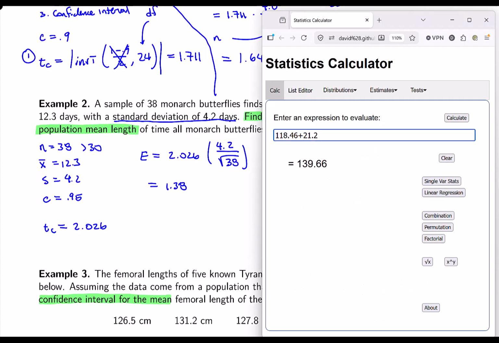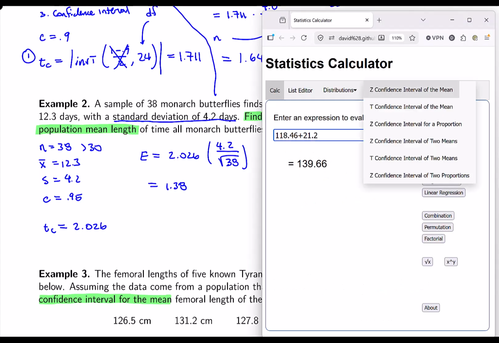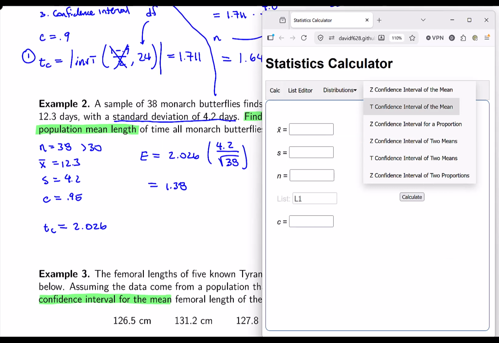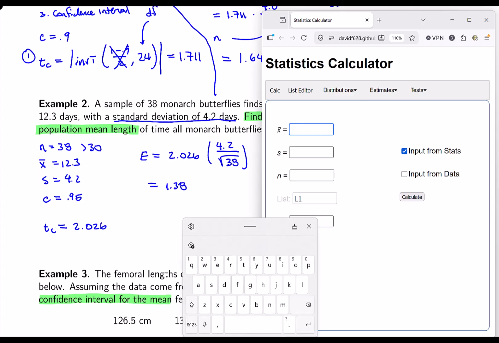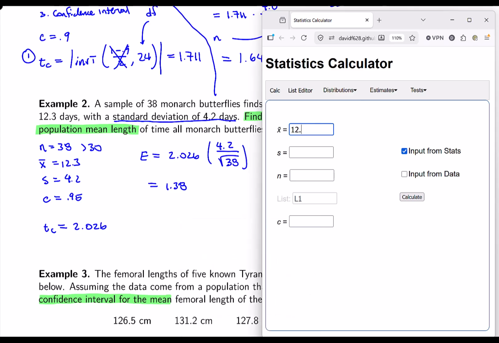So if you go under the estimates menu, you have a z confidence interval of the mean, which is what we had used in the last section, z confidence interval for proportions. Then you'll also find t confidence interval of the mean. So if you want to use this to check your work, that's great. But certainly make sure you do know the process for the tests.